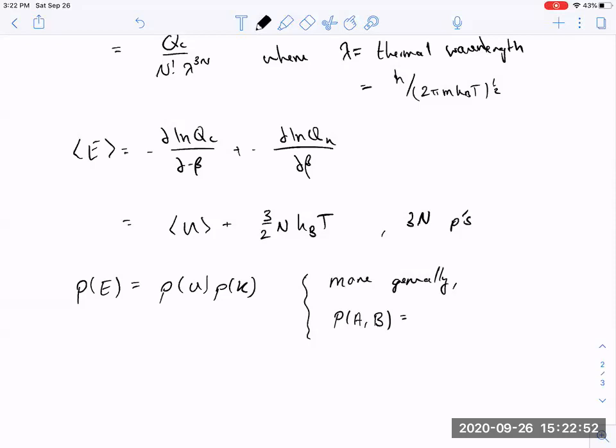If those two outcomes are statistically independent, that joint probability, the probability of getting one outcome and simultaneously the other outcome, factorizes into just the product of the probability of that first outcome times the second outcome.